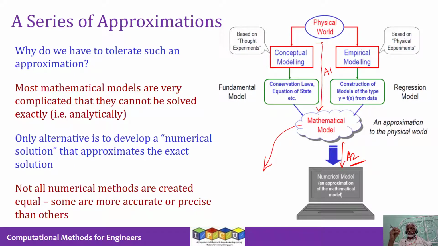The way of converting a mathematical model to a numerical model, people are working on how to minimize the gap between the mathematical model and the numerical model. All right, without increasing the computational effort too much. So that is the idea behind that. So we are trying to get better and better approximations of reality, but at some point in time, we'll just say this is good enough for our purpose. Okay, so that is the point that I'm trying to make here.